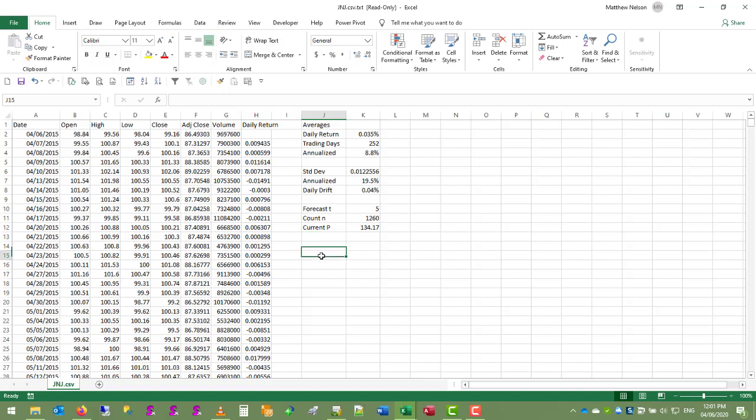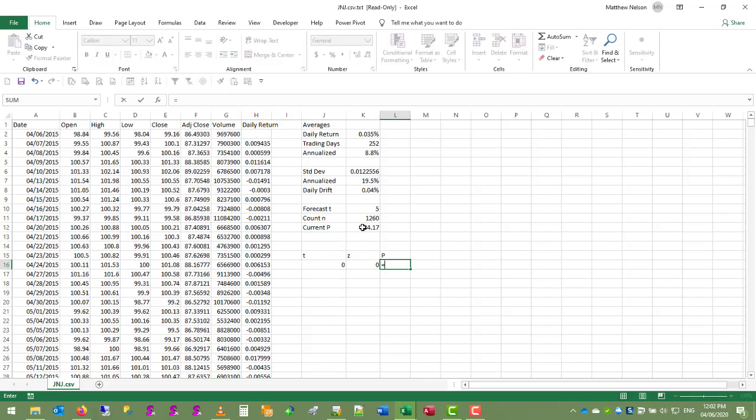So to begin the model, we'll make columns for T, Z, and P. The Z value is the inverse of the probability function. So we want to assume normal standard deviation, and at time equals 0, there's going to be no daily drift applied.